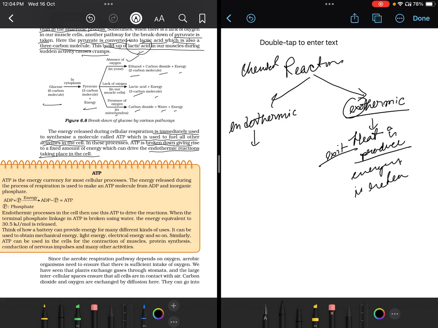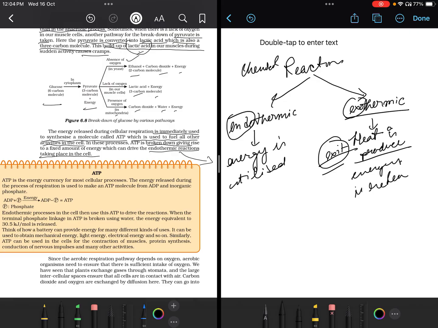Just for the timing, you just remember like this. So exit. And endo, here heat energy is used. Energy is utilized. And here it is saying about this endothermic reaction where energy is used and a fixed amount of energy which can drive the endothermic reactions taking place in the cell.